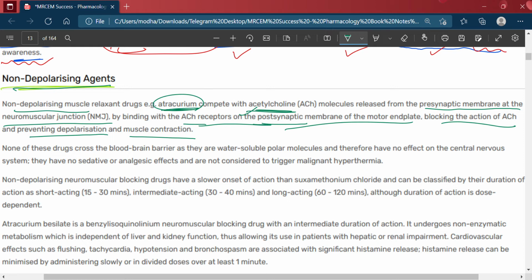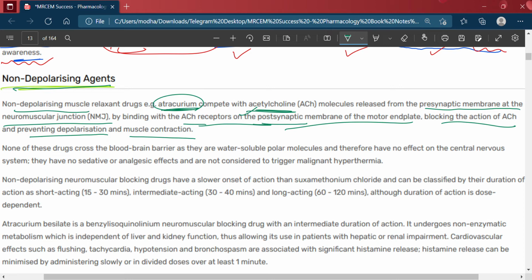Non-depolarizing muscle relaxants like atracurium compete with the acetylcholine molecule released from the presynaptic membrane at the neuromuscular junction by binding with the acetylcholine receptor on the postsynaptic membrane of the motor end plate, blocking the action of the acetylcholine and preventing the depolarization and the muscle contraction.